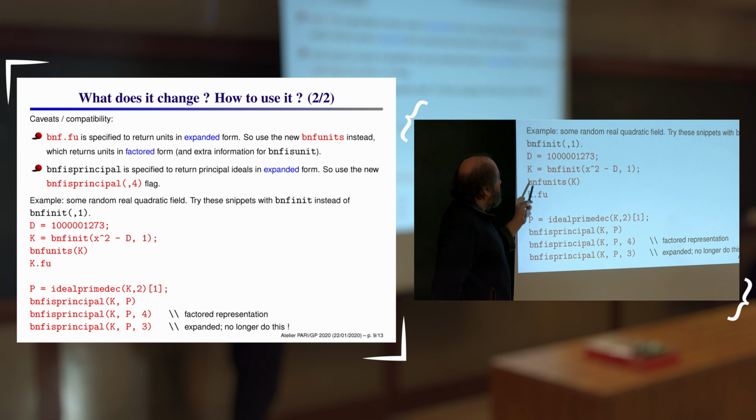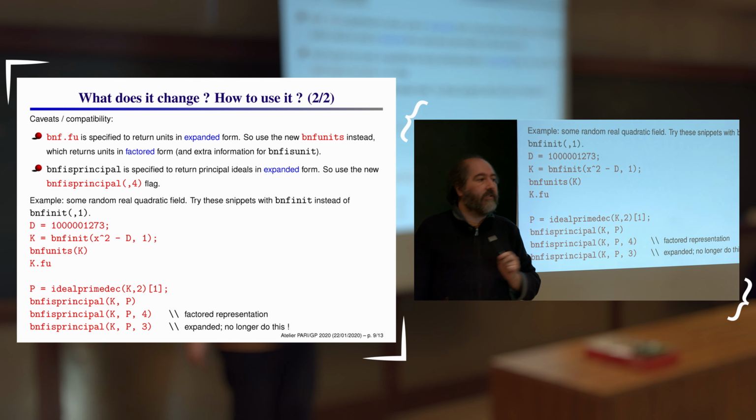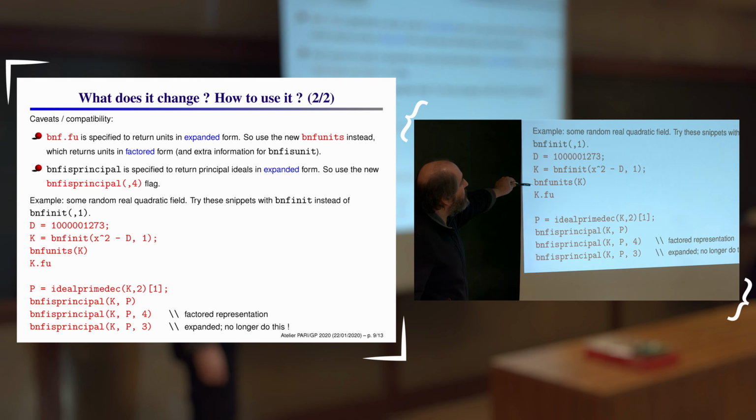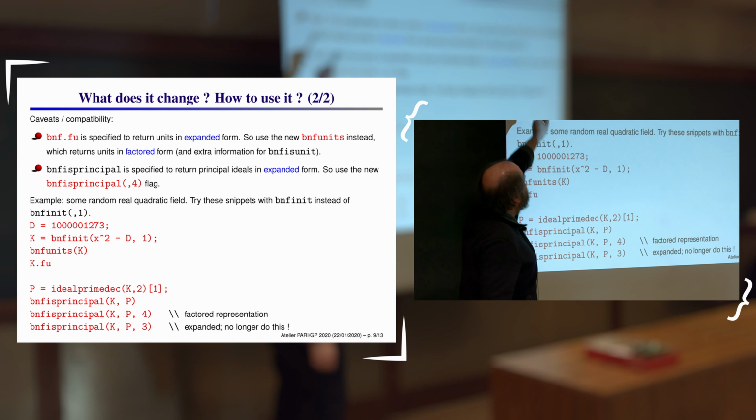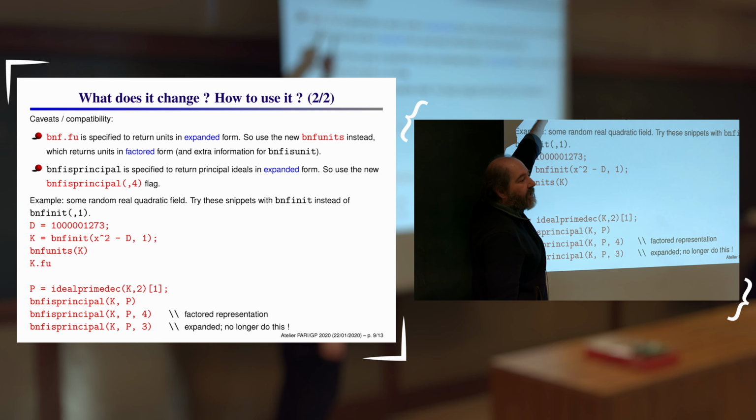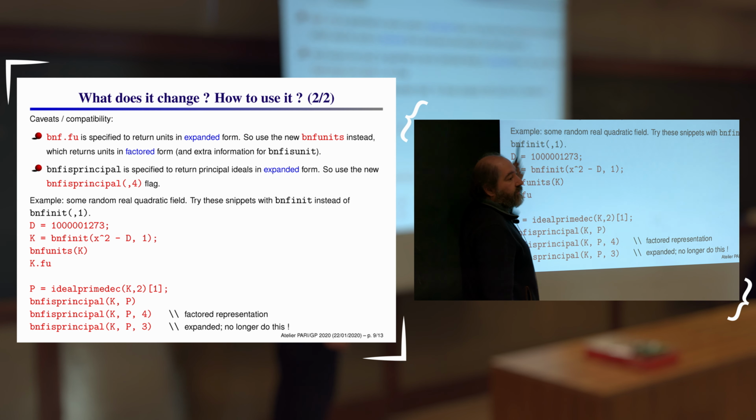And this time, you can ask for the fundamental units as before. Takes a lot of space. You can ask for the units. So this is a new function, bnfunits, that, yeah, I forgot to mention, it's on the slide. It's the proper modern equivalent to BNF.fu. It basically gives the same output, but in factored form.